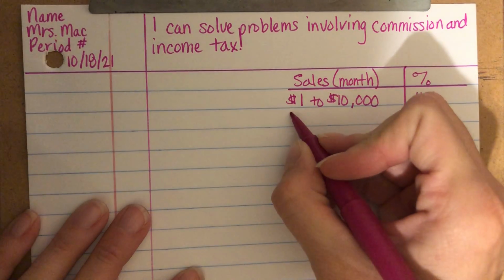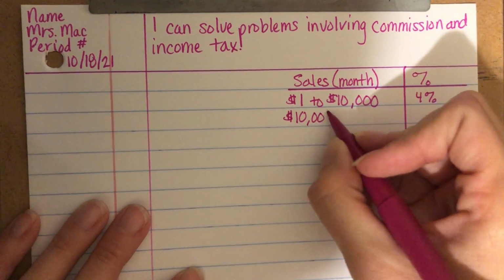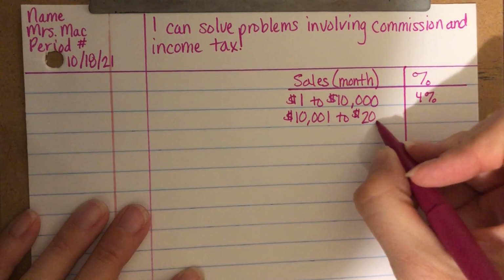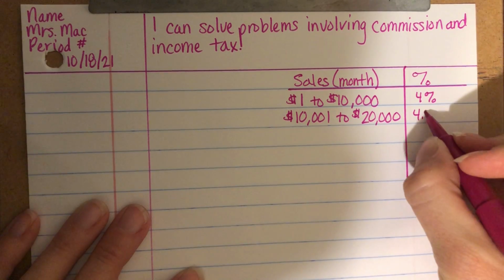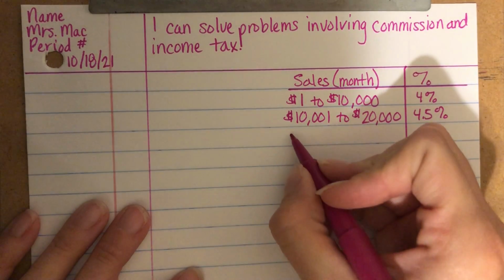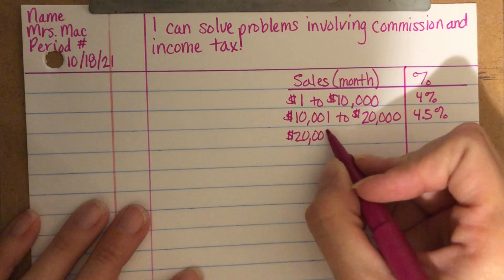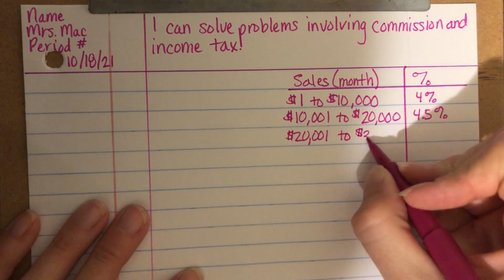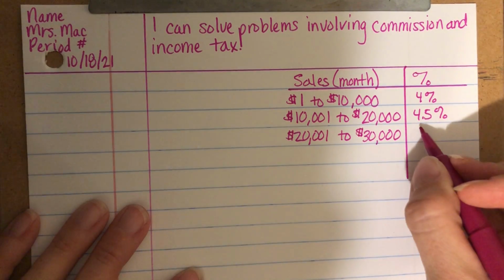Then if she sells between $10,001 and $20,000, she's going to earn 4.5% in commission. If she sells $20,000 to $30,000, she makes 5% commission.